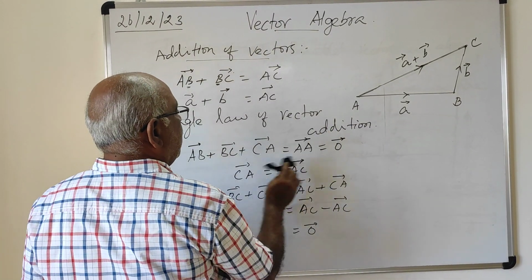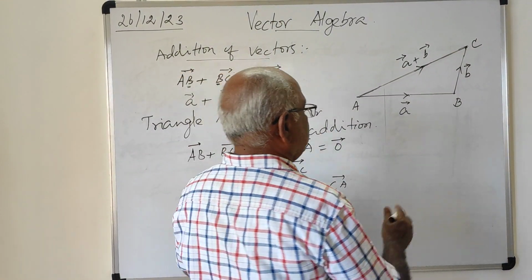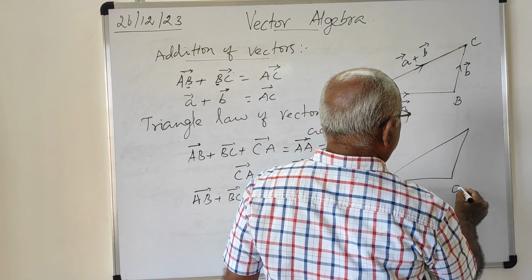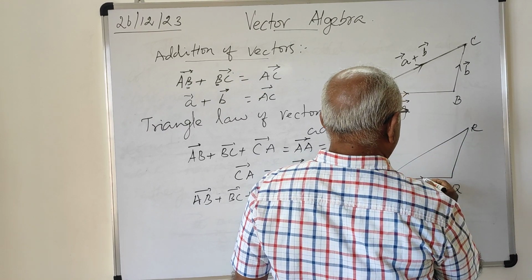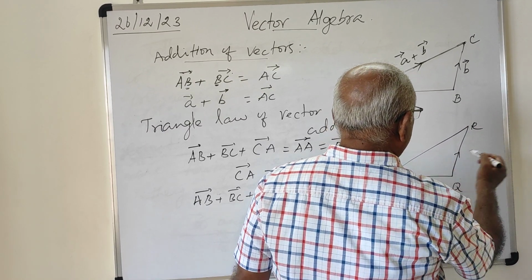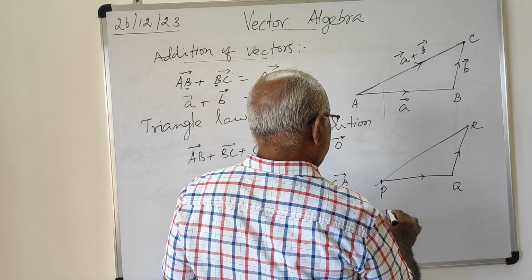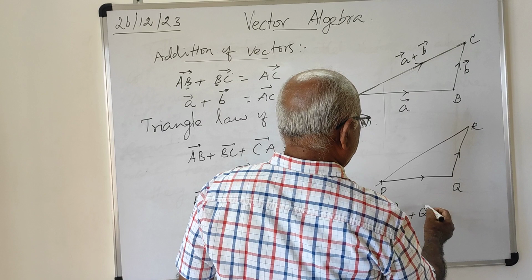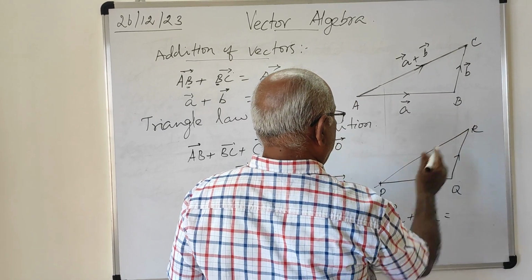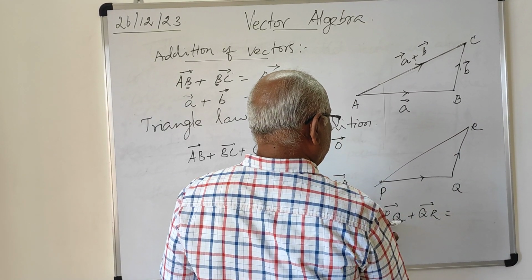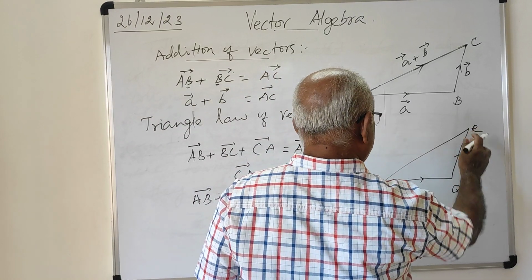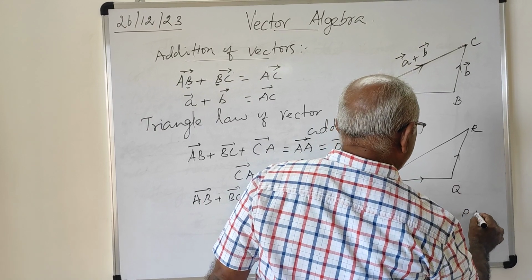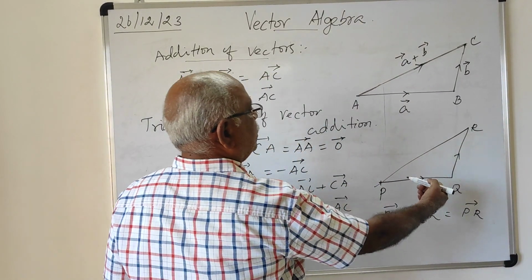In the triangle law of vector addition, if you consider two vectors as two sides of a triangle, for example PQR, PQ vector and QR vector are two adjacent sides of the triangle. PQ plus QR has the initial point of vector PQ and the terminal point of vector QR, which is R. Therefore the common point is eliminated, and PQ plus QR equals PR.